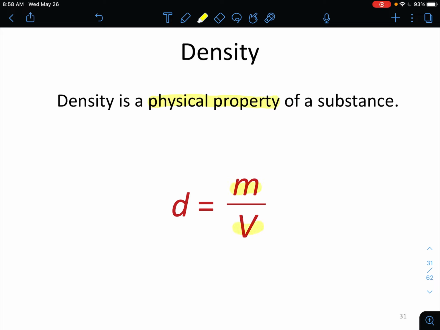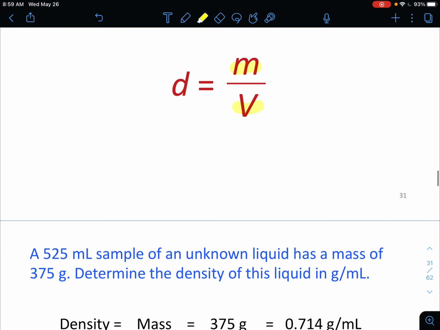It just requires us to measure the mass and the volume. So it's not changing a substance into anything else. The units could vary depending on what mass unit we use and what volume unit we use, but that is the ratio that we have. And because it's a ratio of mass and volume, we know that it's also an intensive property.